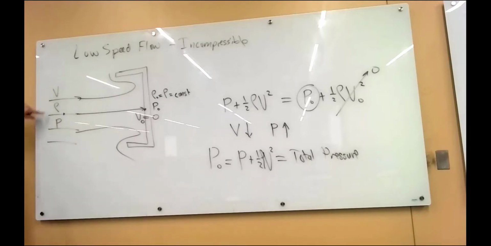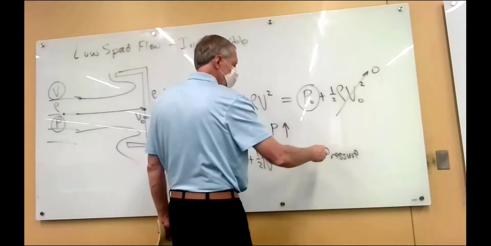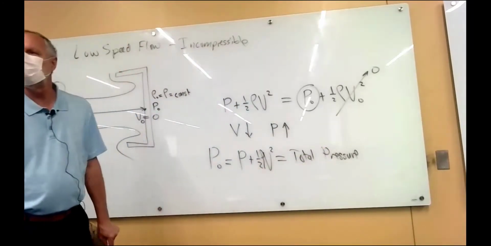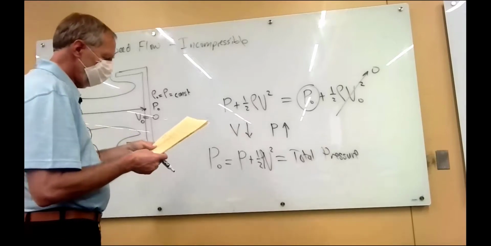But it is a property of this flow because we can calculate it based on the velocity and the pressure. So in a sense, here's the total energy in terms of pressure inside the flow. Here's the potential energy, P, and then the kinetic energy, V. And if we add both of those together, we get the total pressure. So it is a property of the flow.